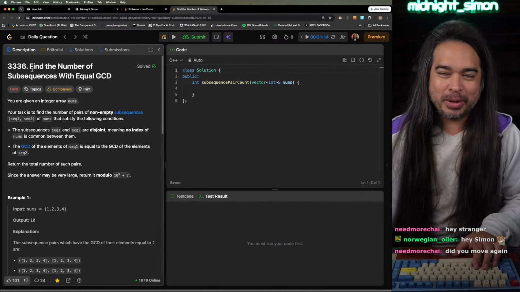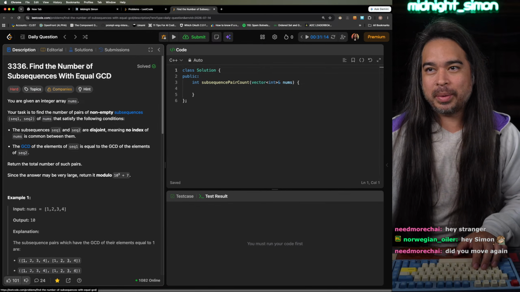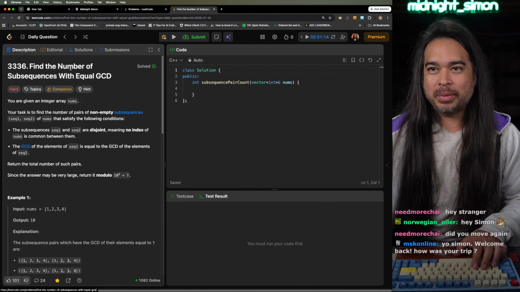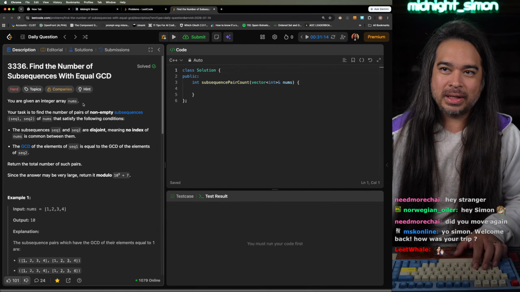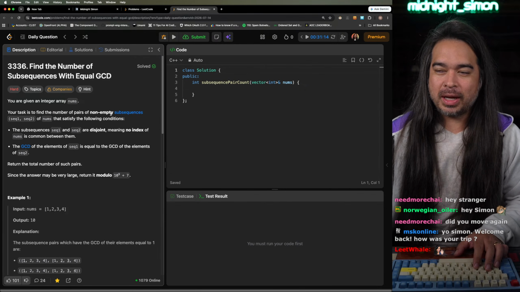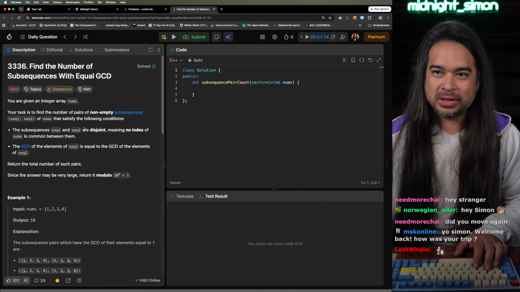Alright, let me read this problem, and I don't know if I can do it, but I'm gonna try a little bit. Find the number of subsequences with equal GCD. You're given an integer array nums. Your task is to find the number of pairs of non-empty subsequences of nums that satisfy the following conditions.